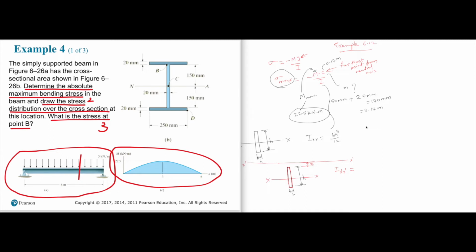And that is nothing but the moment of inertia with respect to the centroidal axis plus the area of the element times the square of the distance between this axis and the centroidal axis.